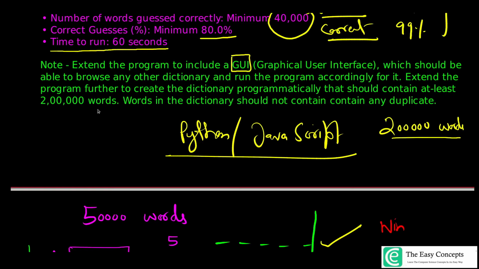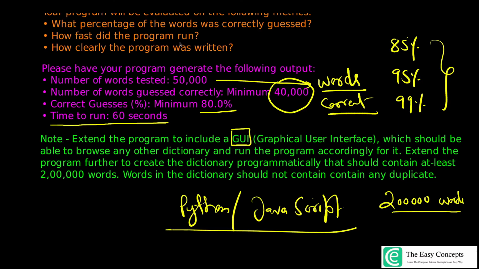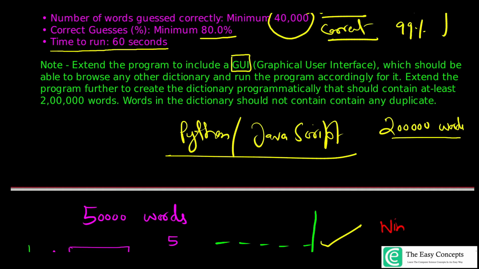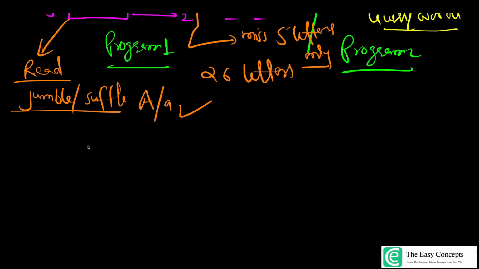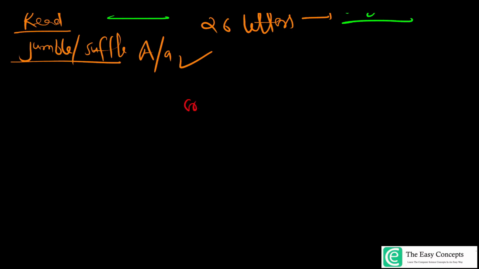So once this is done, you can create more words, like I have written here, 2 lakh words. You have to create 2 lakh words. And how can you do that? You have to create a program for this also. You can pass a random length of the word. Let me tell you, create word and int n.